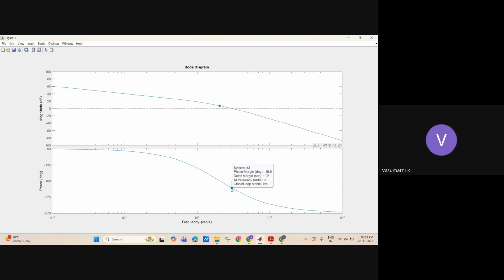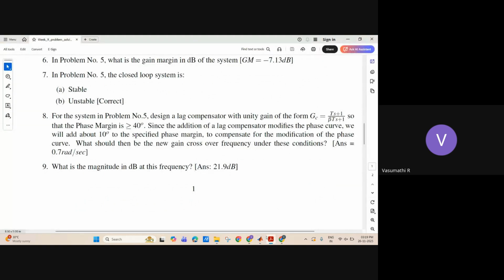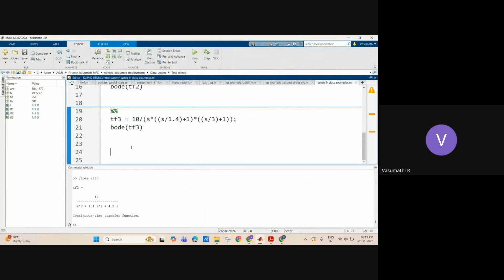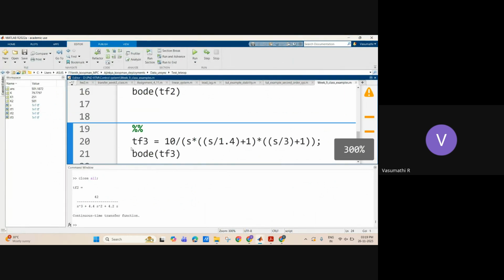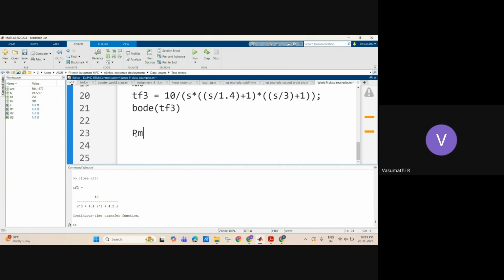Now, the actual value you got is minus 90. But the phase margin you require is 50. So how will we calculate? We did it for the last problem, right? Phase margin equals 180 plus the phase at the gain crossover frequency. So the right-hand side, if you want to get minimum 50, would be minus 180 plus 50.